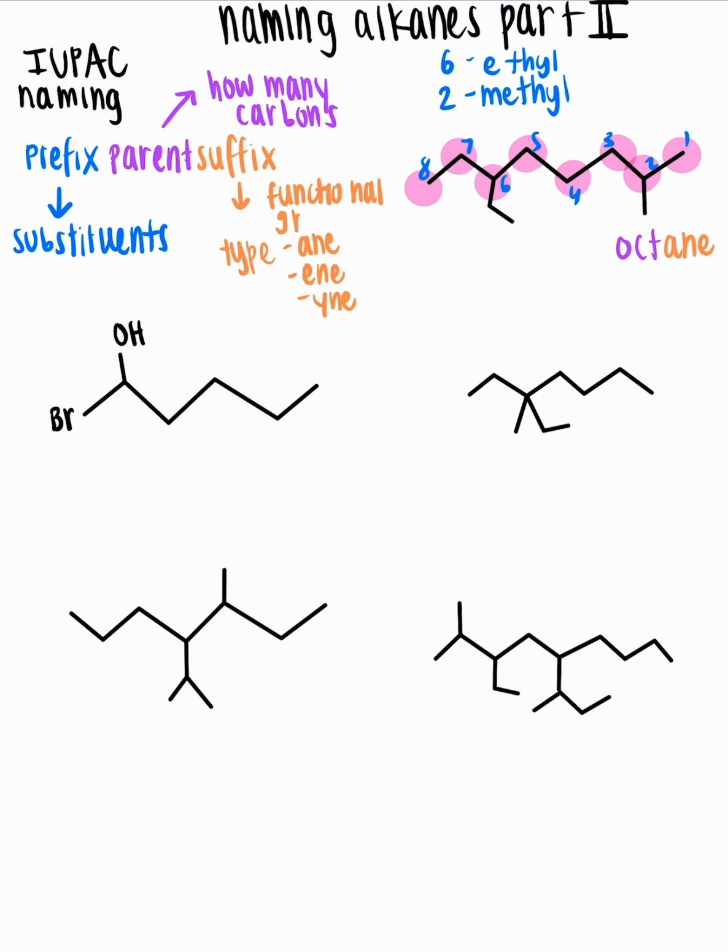So are you going to go by the number, or by the letter? You're going to go by the letter. So it's going to be 6-ethyl-2-methyloctane, and that's the name for this one.